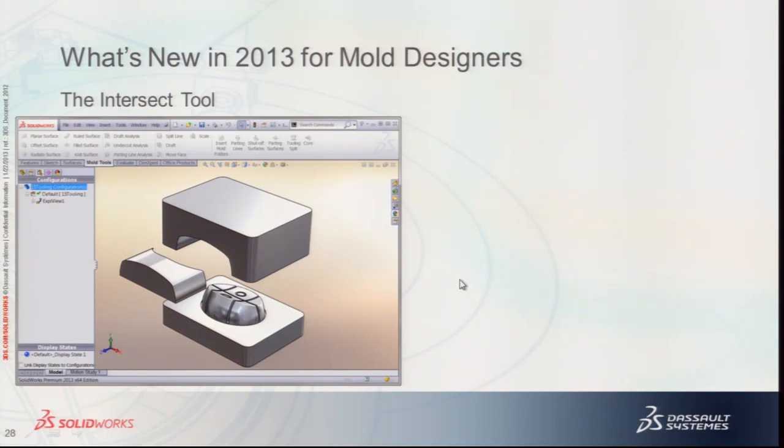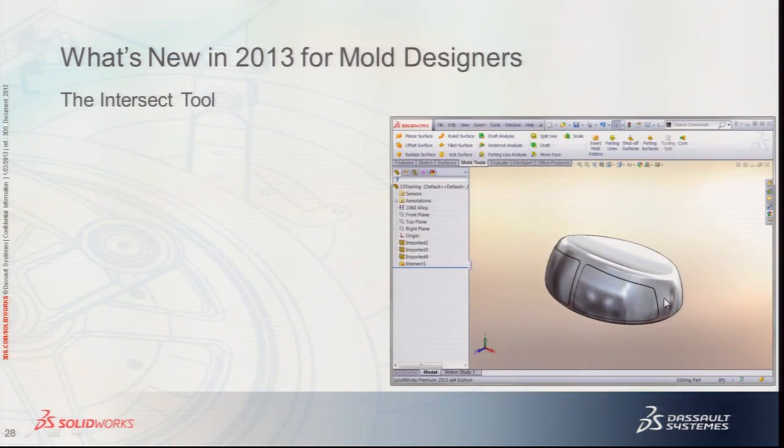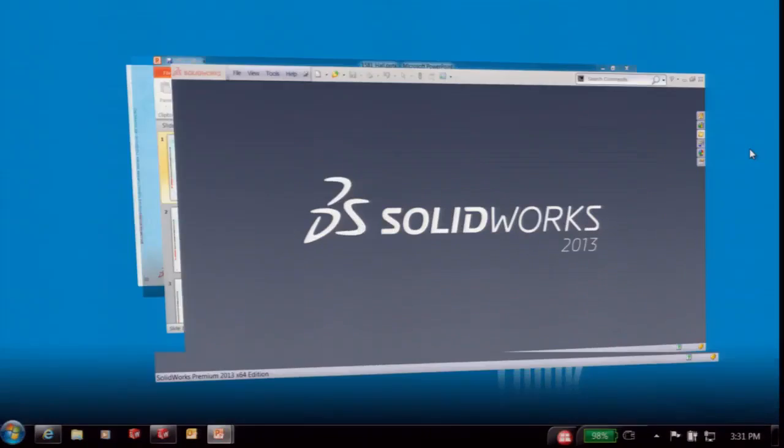And so this is the intersect tool, which has some good uses. And in mold design, we might use it to reverse engineer geometry to get back to the part. So we can take that and actually get back to the part.